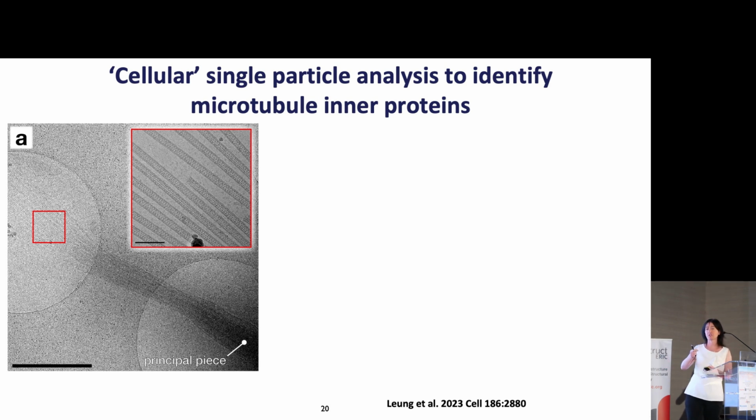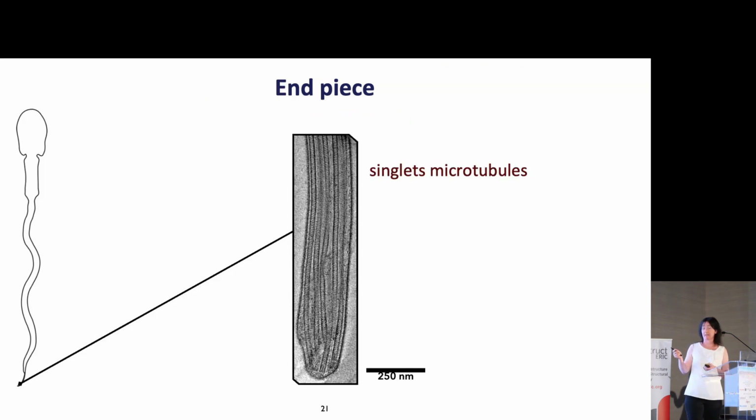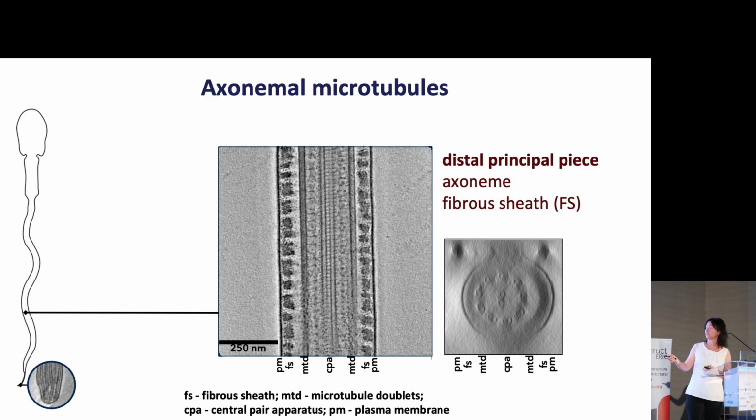It is not very structured actually, and it runs along each of these protofilaments. So this is the case for the singlet microtubules, and now the question is, that was perhaps the easiest part. The next question is, are we good enough, and how can we approach the axoneme?